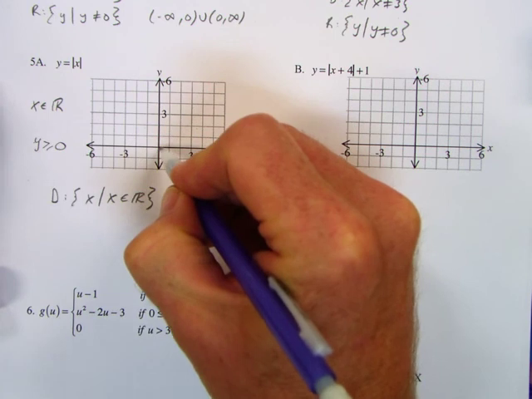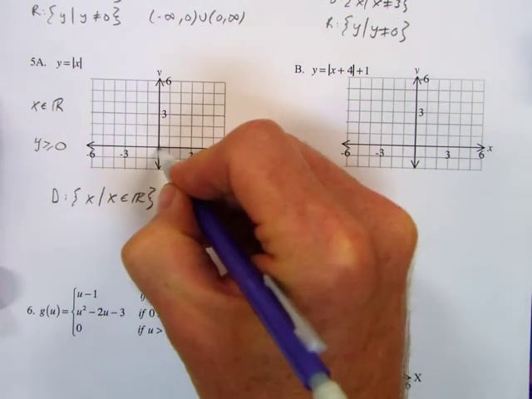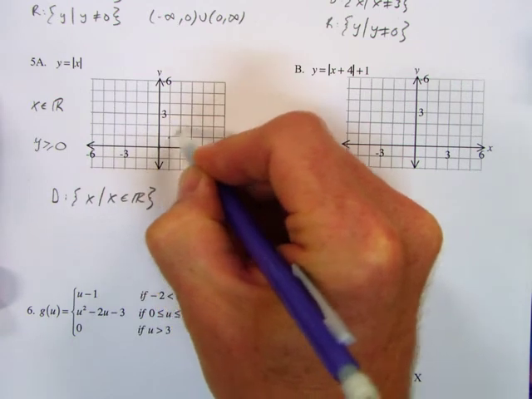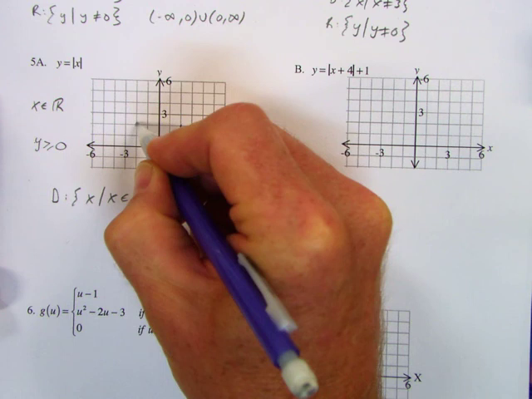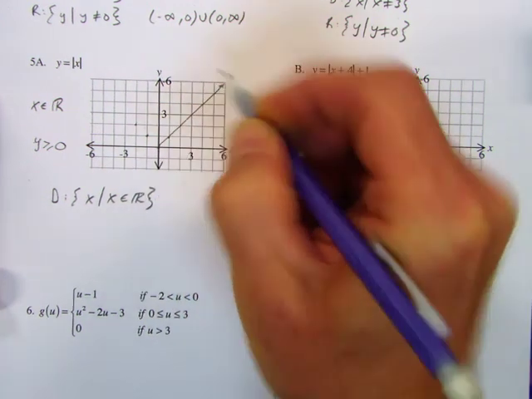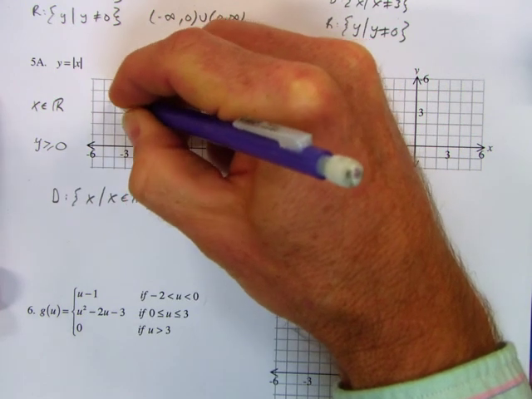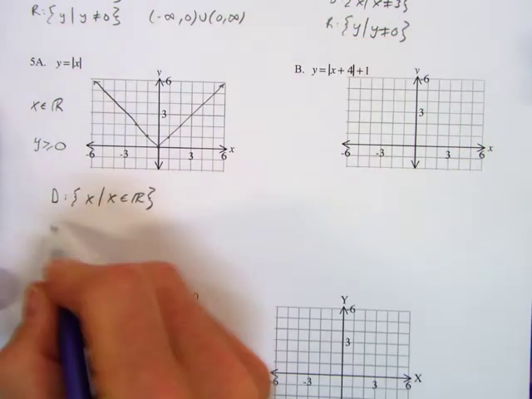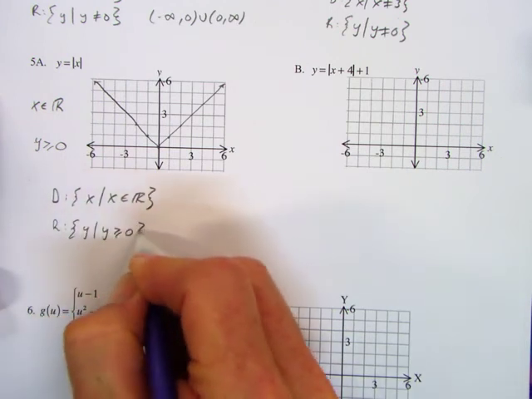If we take a look at our graph, plug in 0, plug in 1, we get 1, 2, we get 2, negative 1, we get positive 1, and negative 2, we get positive 2. This is 2 rays that form a V. And our range y such that y is greater than or equal to 0.